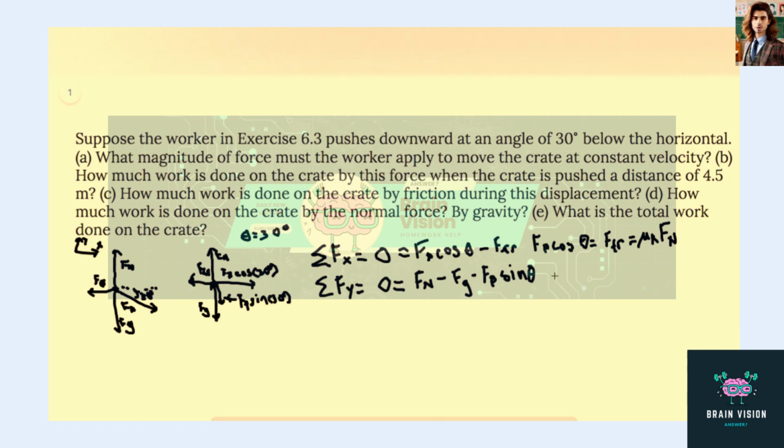And we can figure out what our normal force is here by moving over the gravitational and pushing force component to the other side.